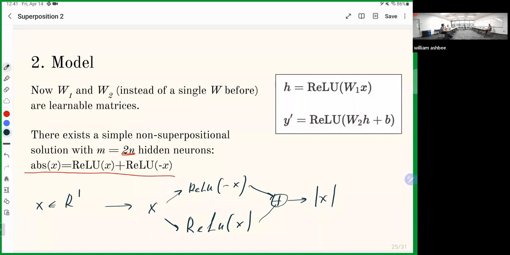No, in this case, the features will just be aligned along principal axes. If x is just one dimensional, then in the hidden state, say this neuron goes along the vertical axis and this neuron along the horizontal axis, 2 dimensions. We can perfectly represent the absolute value.